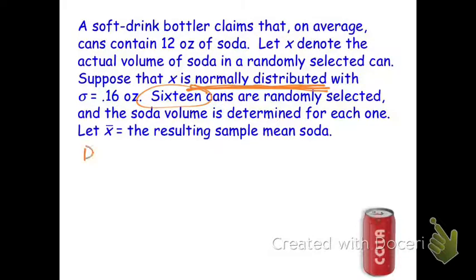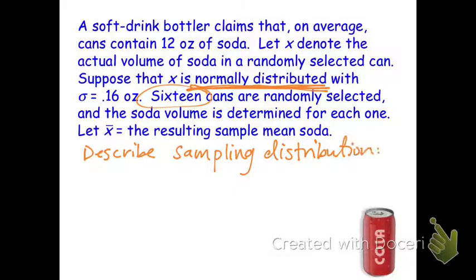So when you describe the sampling distribution, you want to give the mean of X bar. The last one was the mean of P hat. This is the mean of X bar, which is equal to 12. The standard deviation formula is sigma over square root of n.